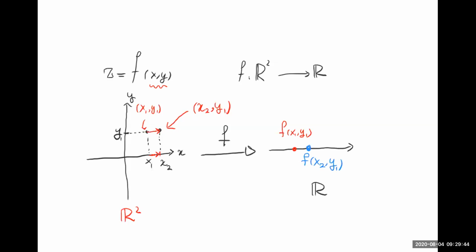Okay, so I might wonder what's the distance between these two things? What is the change of the value of f? Or I might look at the domain and the point x1, y1 here, and change the value of y a little bit. Suppose I'm moving to a second point, where the value of x1 is the same, but y1 changes to y2.